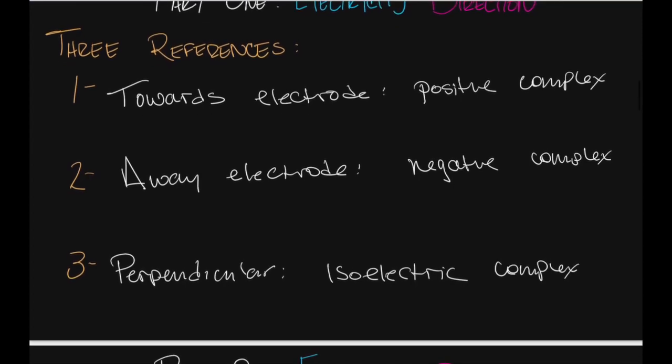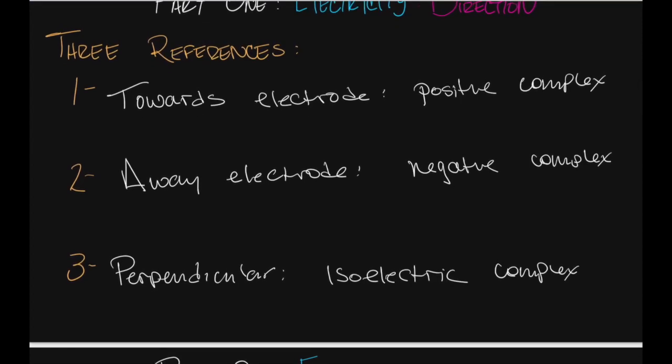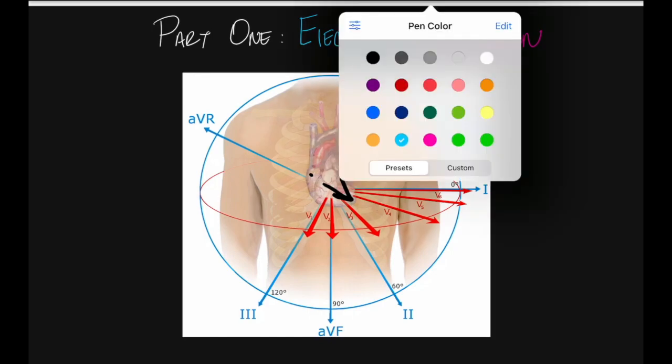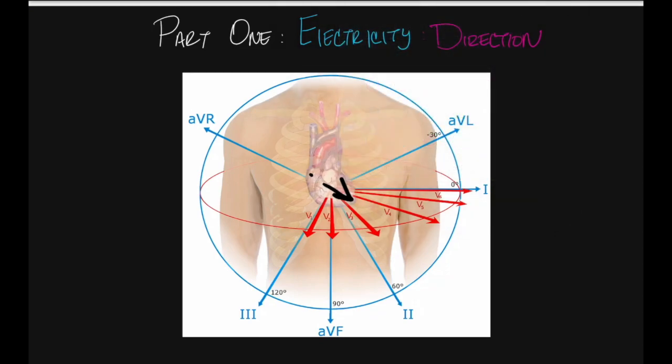And we're going to be able to use these relationships and the different views of the heart to start to put pieces together in various disease states. And so let's apply that to the leads. So we know that the electricity starts here in the right atria and ends in the left ventricle, so we get an electrical vector that looks like that. So what would we anticipate seeing in lead AVR?